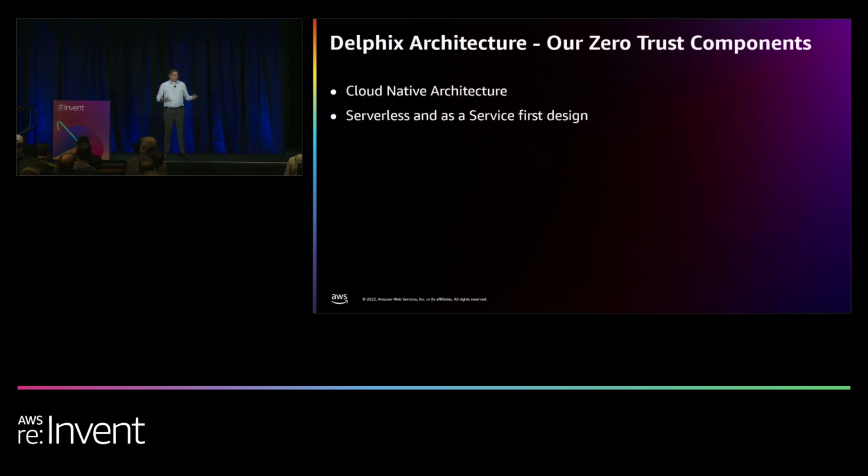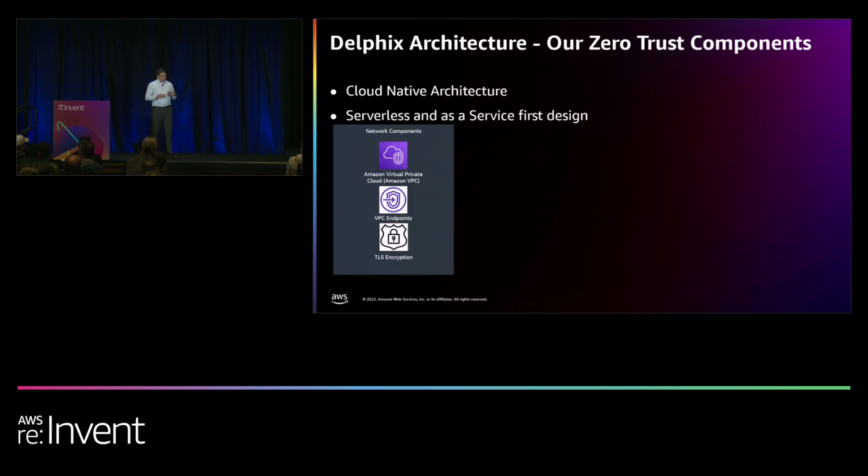So let's get started with looking at our Zero Trust components with the Delphix architecture. First and foremost, we are a cloud-native architecture with serverless and as-a-service first designs. And this helps our Zero Trust posture because we can be as granular as we want to be when we talk about our Zero Trust posture. Next, let's talk about our network components.